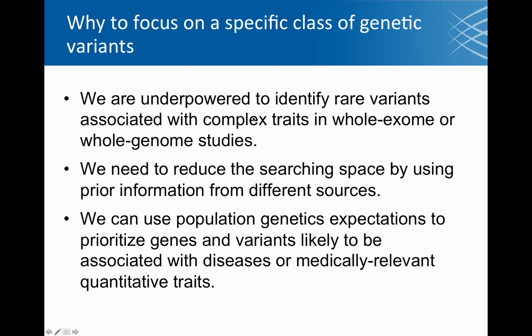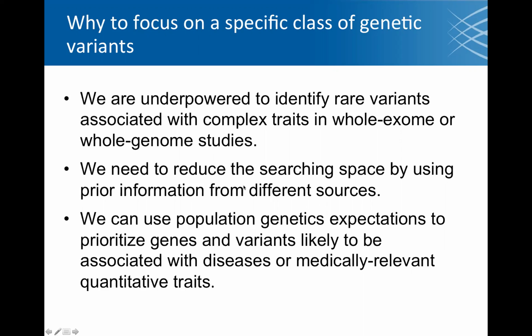We also want to study a specific subset of variants, and I'm looking in particular at ultra-rare variants, which is the class of variants that has been previously described by the other speakers. And the reason to do that is that we really need to reduce our searching space as much as possible when we think about association studies, because as described by the previous speakers, we don't have enough power to do association studies across the entire spectrum of rare variants.